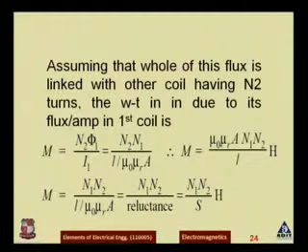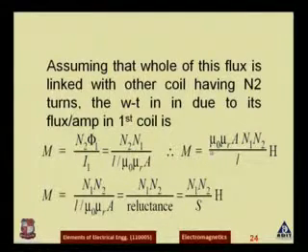So due to this flux per ampere in the first coil, we can say that mutual inductance M will be created as M is equal to N2 into phi 1 divided by I1. As we know the value of I1 and also the value of phi 1, putting those values, we will get N2 into N1 divided by L divided by mu naught mu r into A.